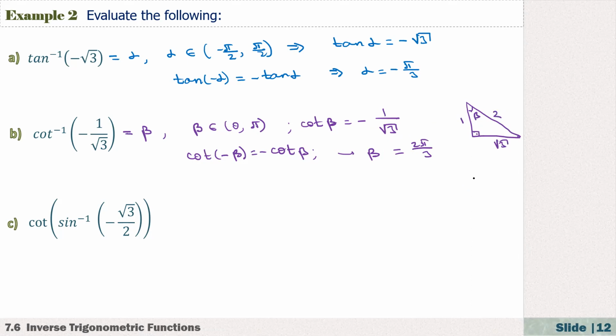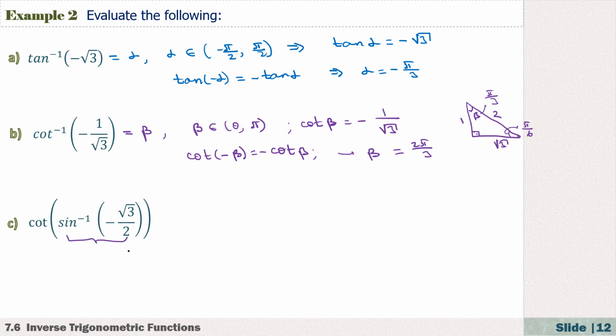So from this relationship, the sine of 30 degrees is equal to 1 over 2. So this angle should be pi over 6, which means that this beta is equal to pi over 3. Since it is in the second quadrant, that is pi minus pi over 3, which is equal to 2 pi over 3. And how about question C?